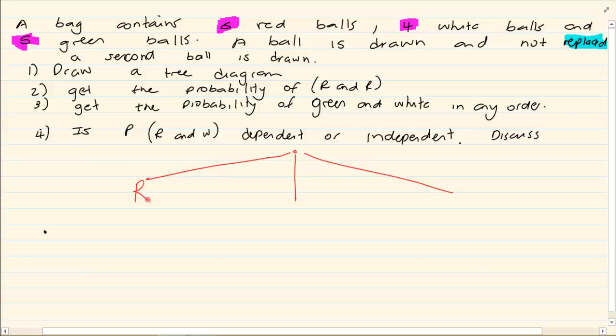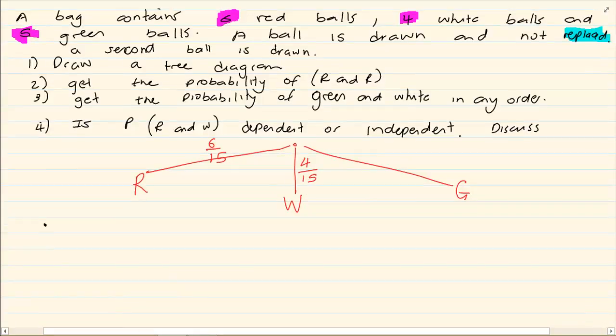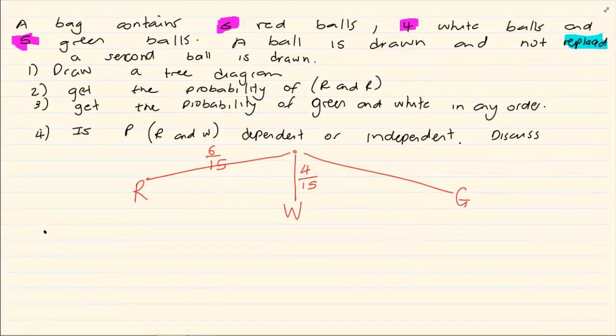You have a red, a white and a green. For the red, you have 6 out of 15. How did I get 15? I added the amount of balls that I had in the packet. For white, I've got 4 over 15. And for green, I have 5 over 15.